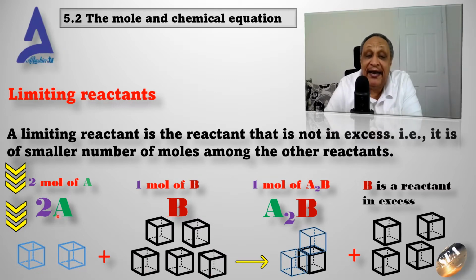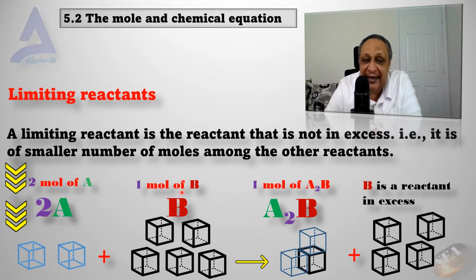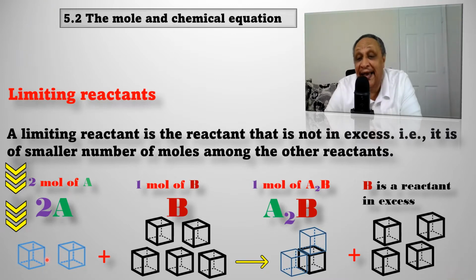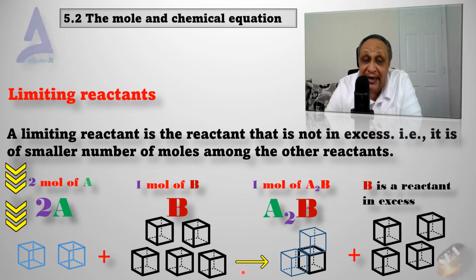So if I have 2 elements, for example, element A and element B, and I need 2 atoms of element A to react with 1 atom of B to make A2B compound, the A atom is called the limiting element or limiting reactant, because it is going to be consumed completely while there is still an excess of this.